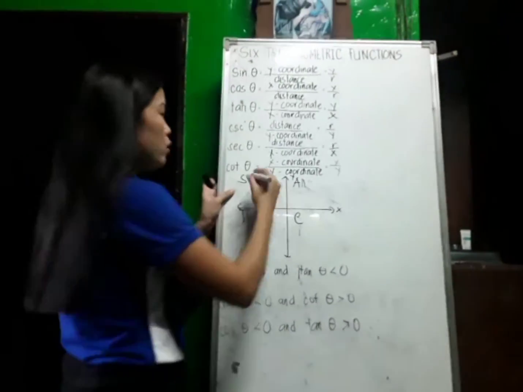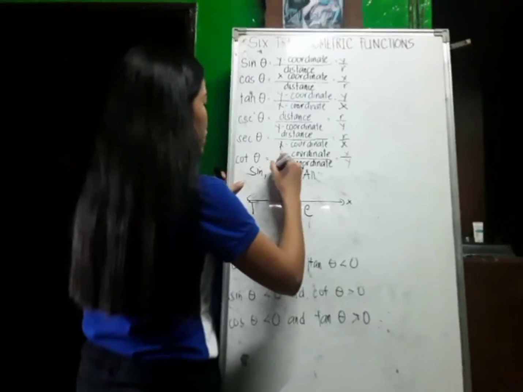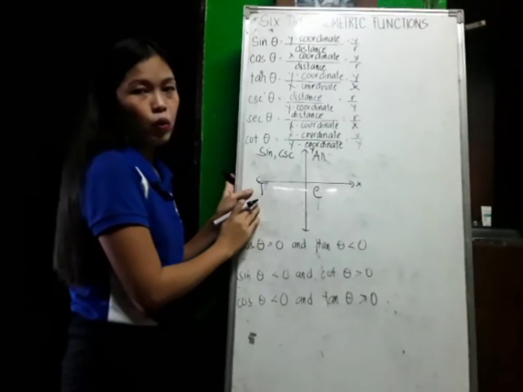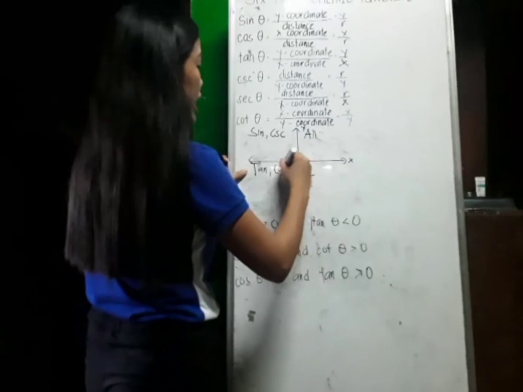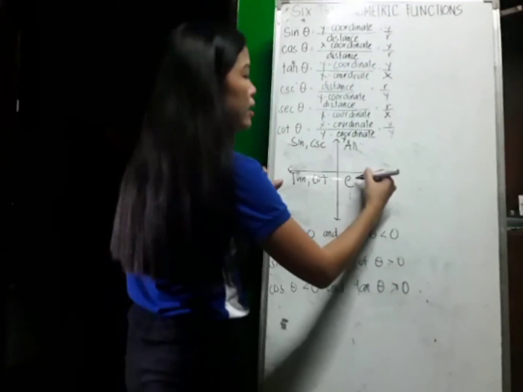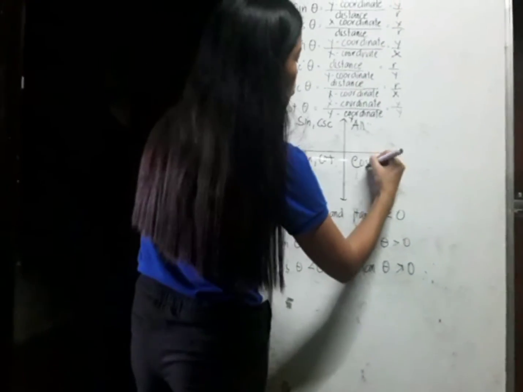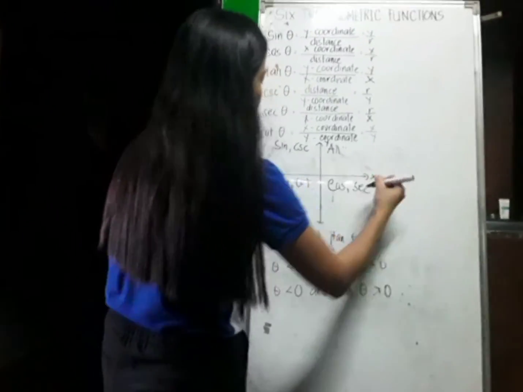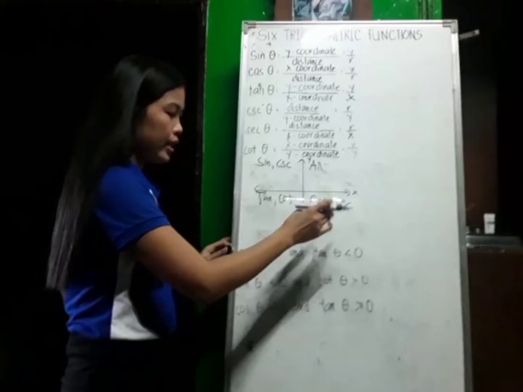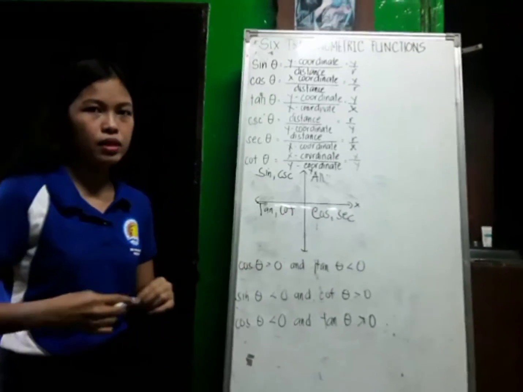In quadrant 2, we have the sine and the cosecant. In quadrant 3, the tangent and its opposite, the cotangent. And the last one, quadrant 4, we have the cosine and the secant. They are positive here.